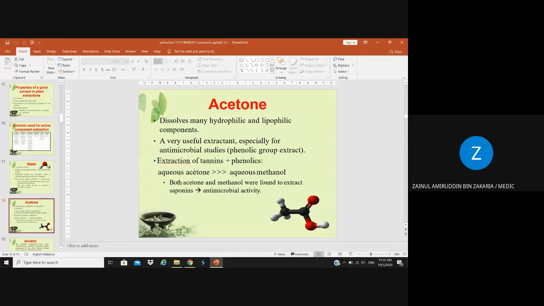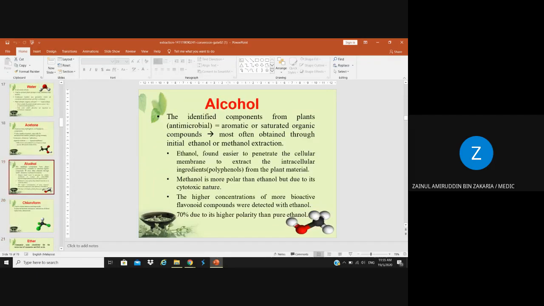If you look at the slide, you can see aqueous acetone is better than aqueous methanol in extraction of tannins and phenolics, which are good antimicrobial agents. Then you have alcohol, methanol. Methanol is cytotoxic in nature compared to ethanol.